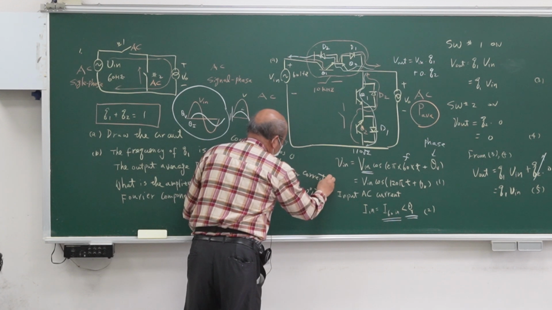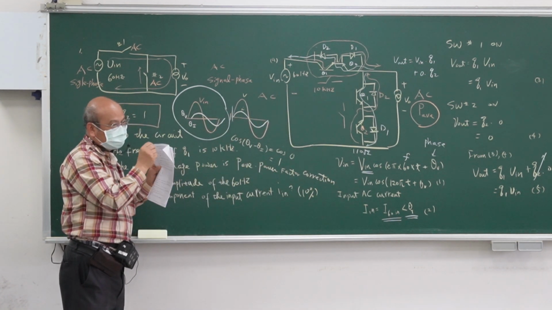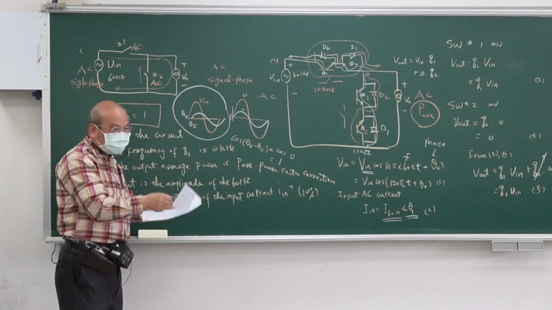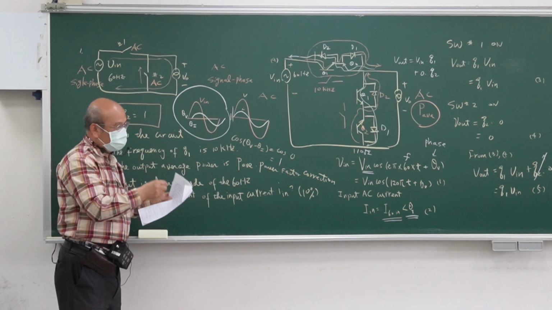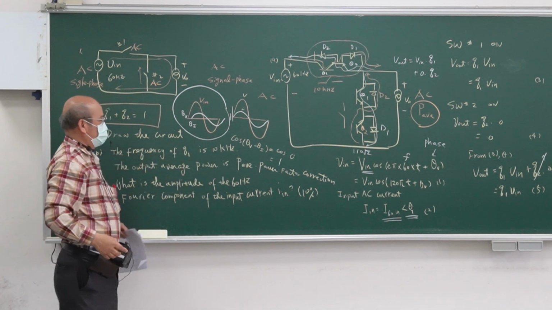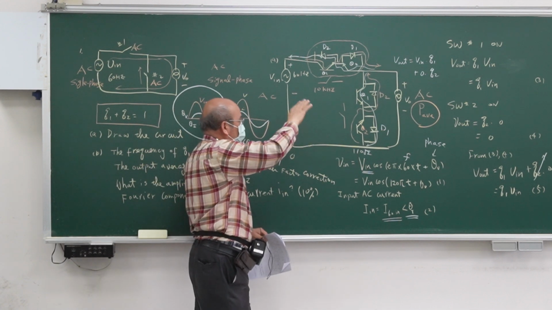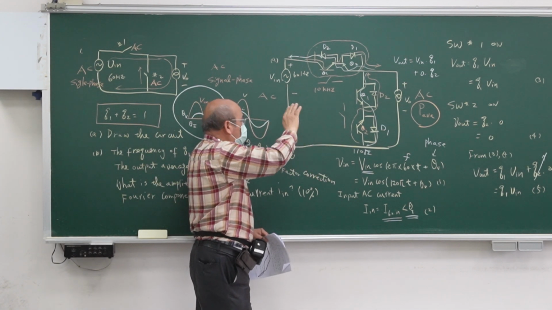Because the phase shift is 0, power factor is 1. 1 is perfect. We cannot go over 1, right? So we can use the switch to improve the power factor.